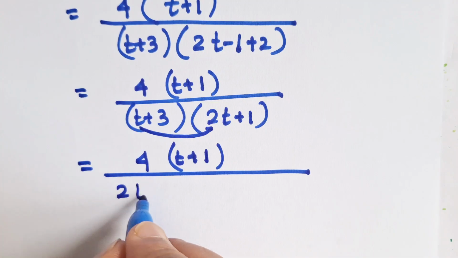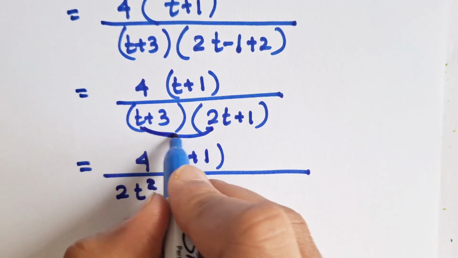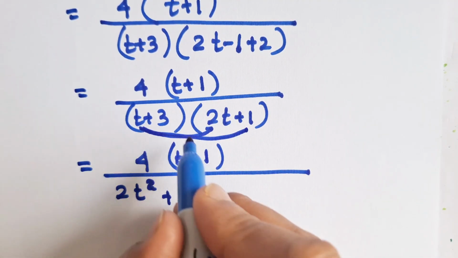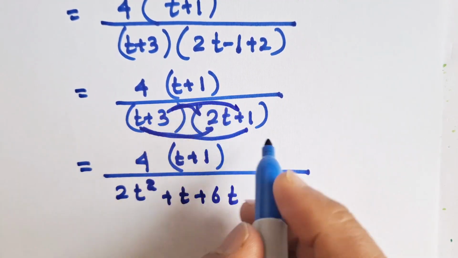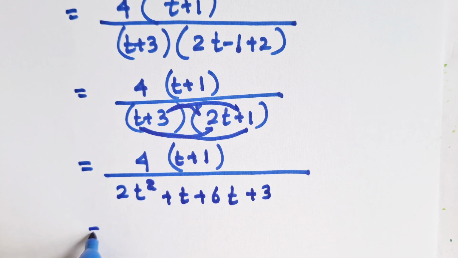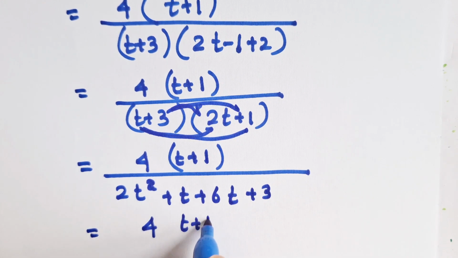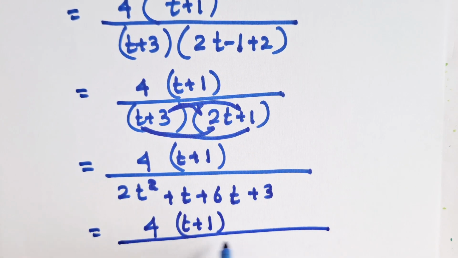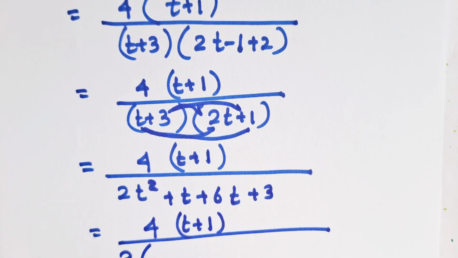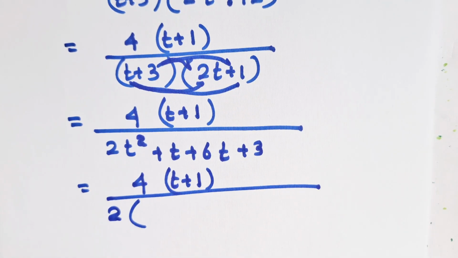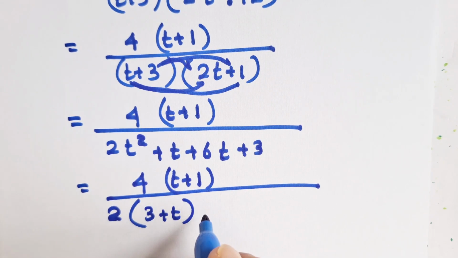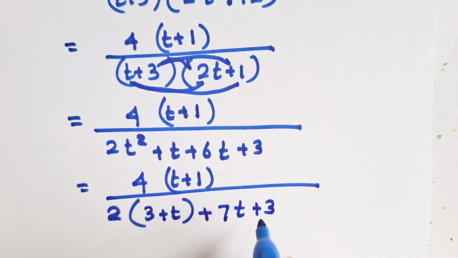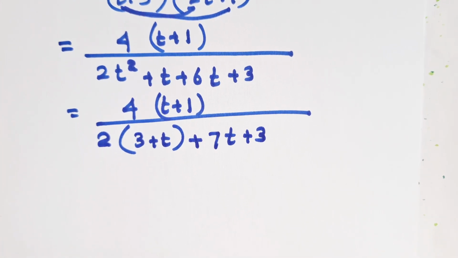Then we have 2 times t square plus t plus 6 times t plus 3. Again 4 times (t plus 1). Here 2 times, from equation 1, we know that t square is equal to 3 plus t. And here we have t plus 6 times t equal to 7 times t plus 3.